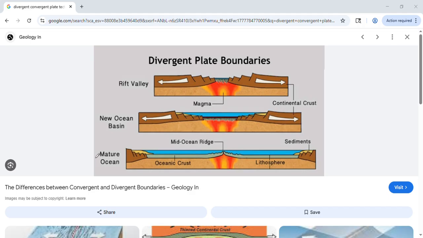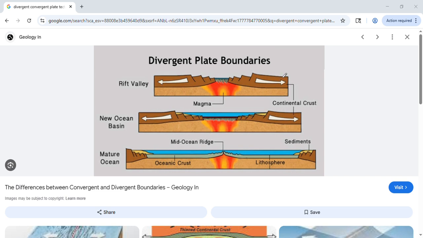Next question: what is the significance of the mid-Atlantic ridge? This is a classic example of a divergent plate boundary.